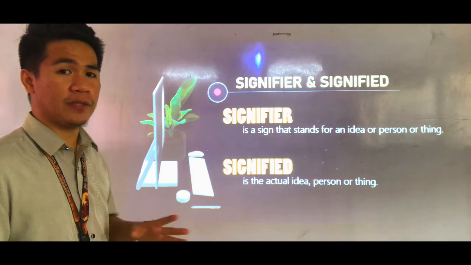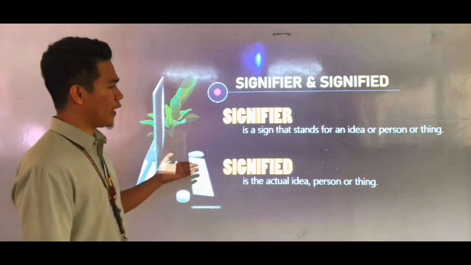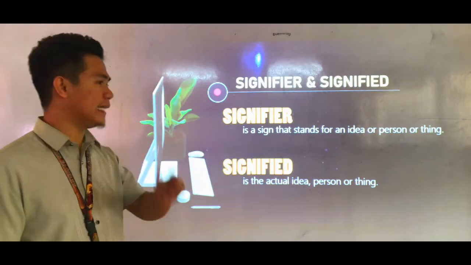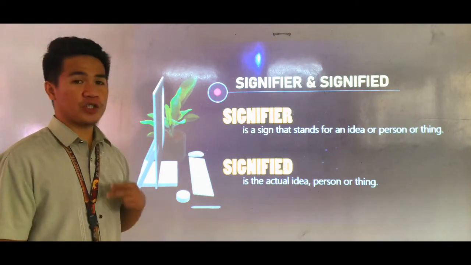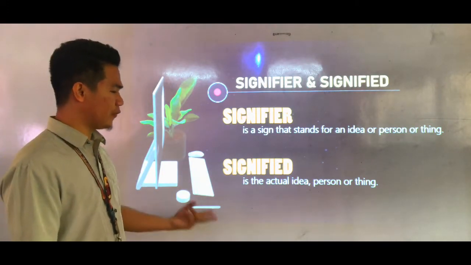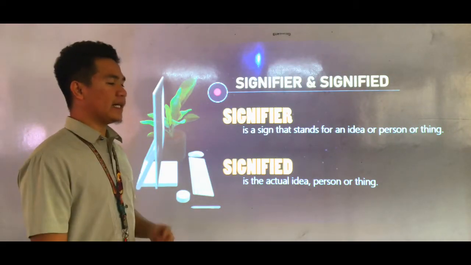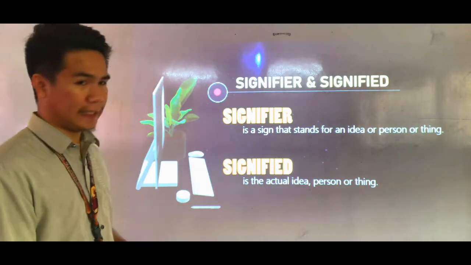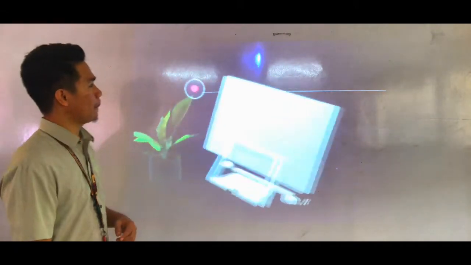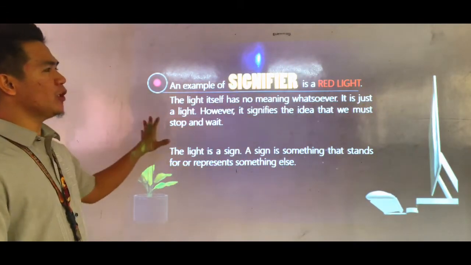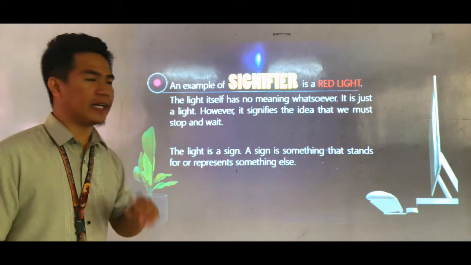Can you see the difference between the two? The signifier stands for an idea or a person or thing, and the signified is the actual idea, person, or thing. An example of a signifier is a red light.